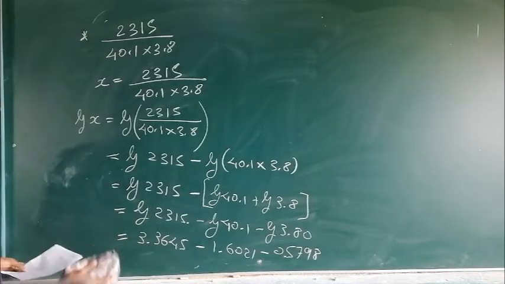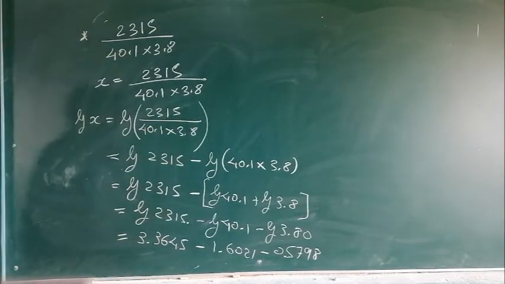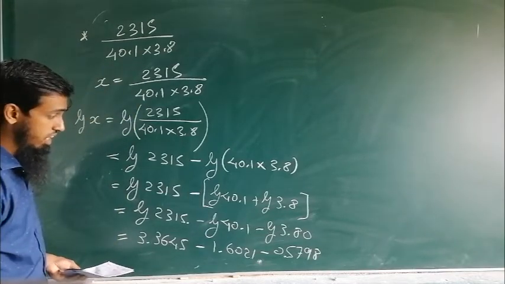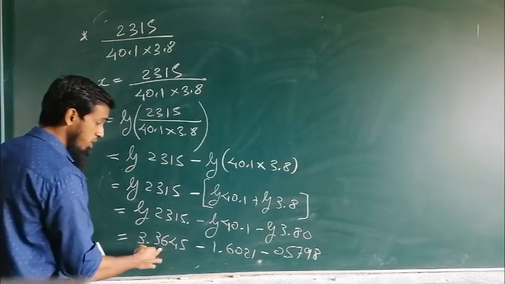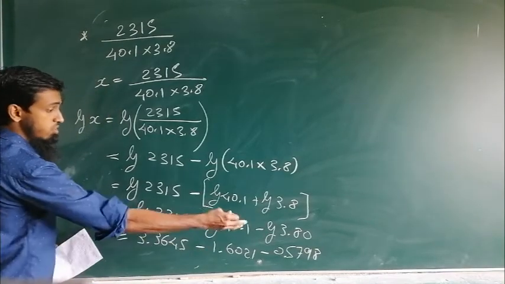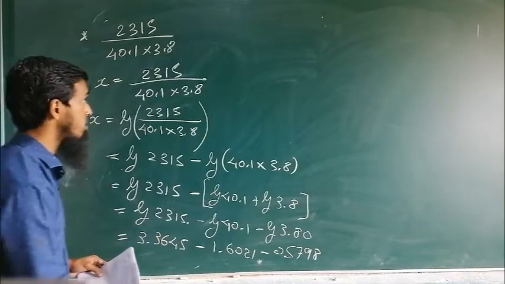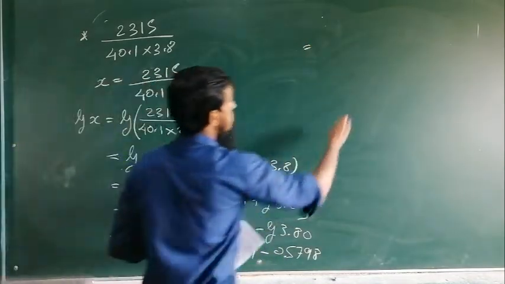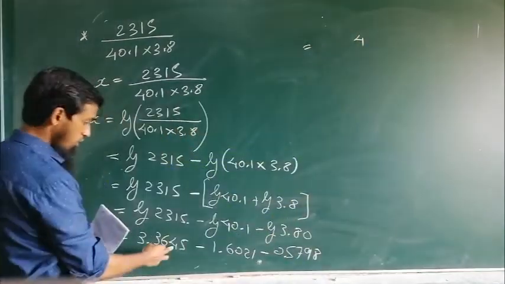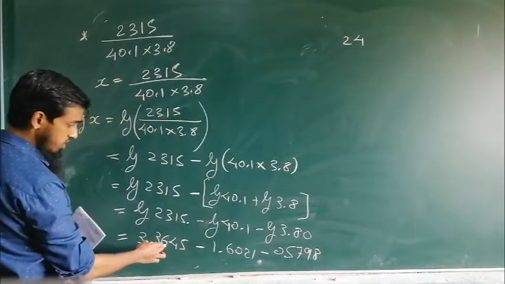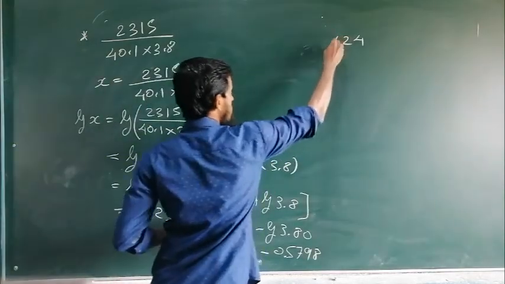We look at the logarithm. So I write it here. So we have a subtraction and a subtraction. First step, we subtract this value from this first part. Then we do the subtraction one by one. So 5 minus 1, it's 4. 4 minus 2, it's 2. 6 minus 0, it's 6.